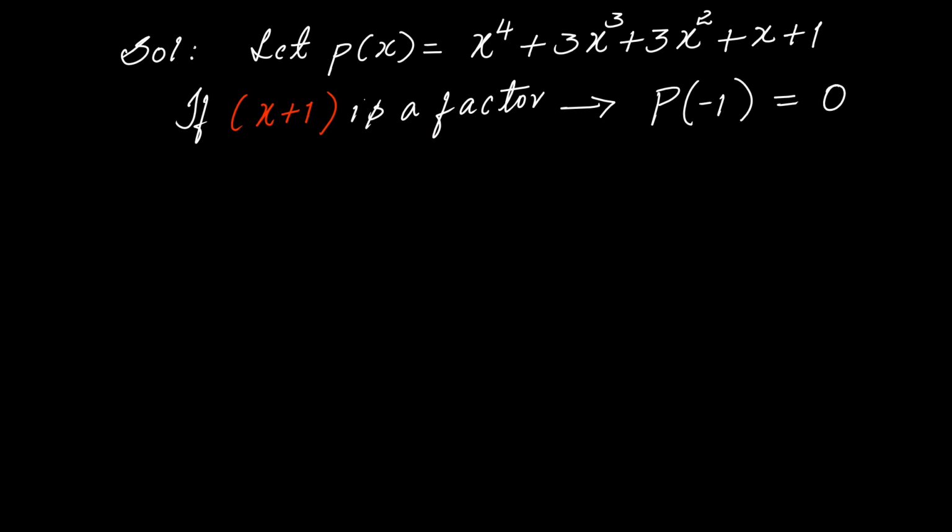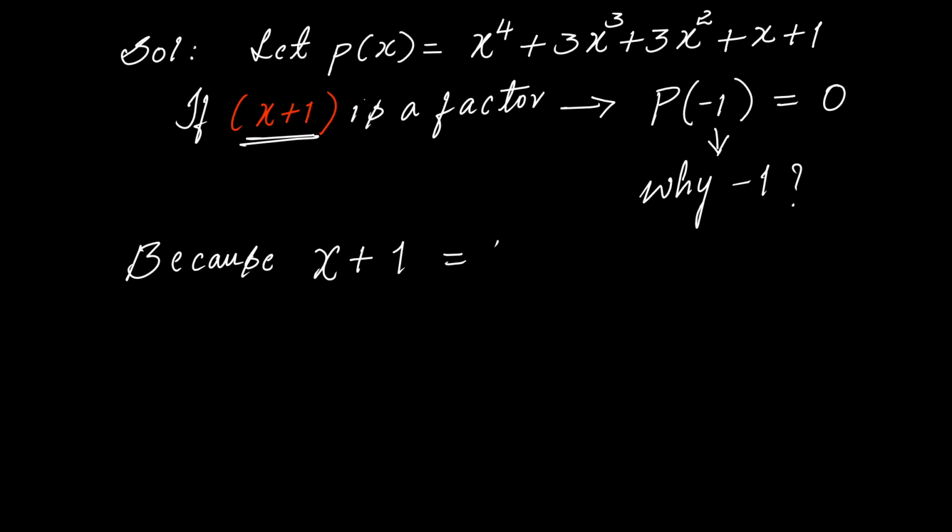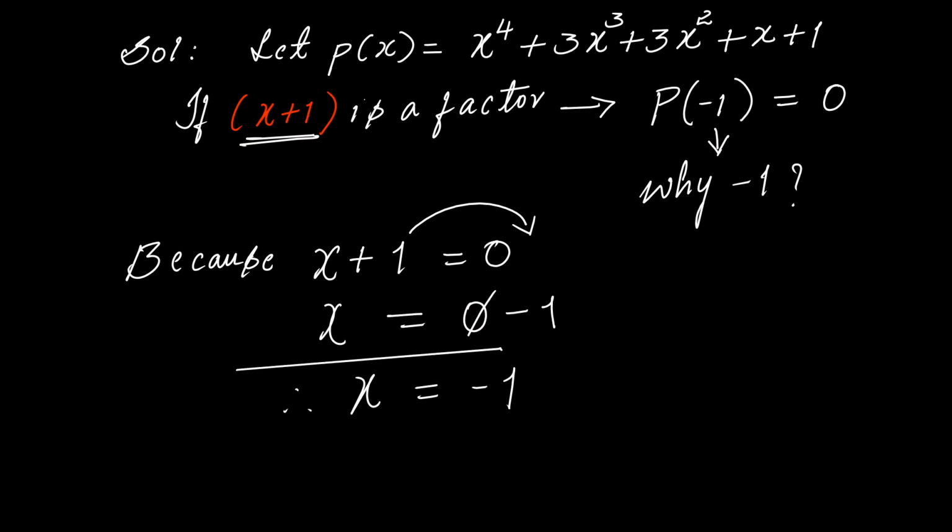So, how do we get this minus 1? x plus 1 becomes 0 when x is equal to minus 1. How? x plus 1 is equal to 0, so I am sending this plus 1 towards the right hand side. Then x is equal to 0 minus 1. So, if you neglect 0, then x is equal to minus 1.